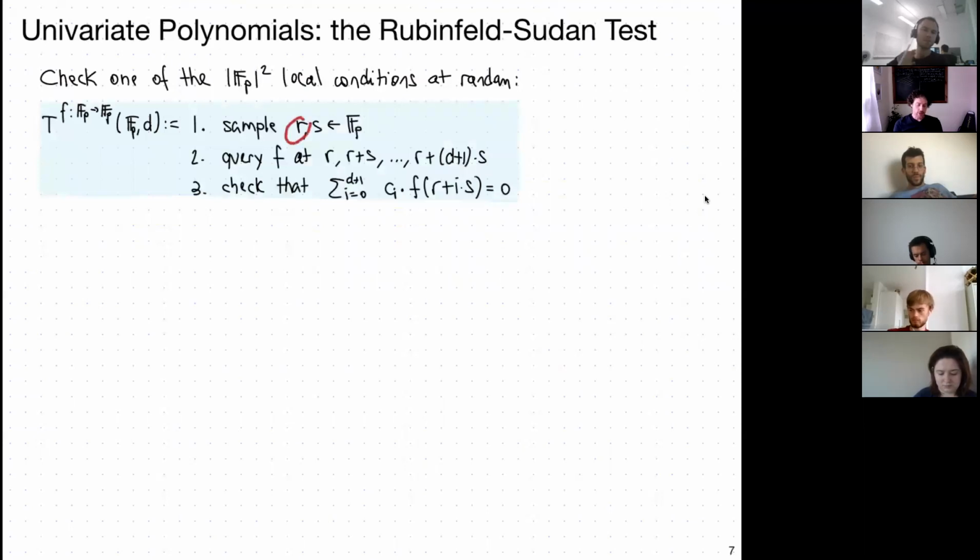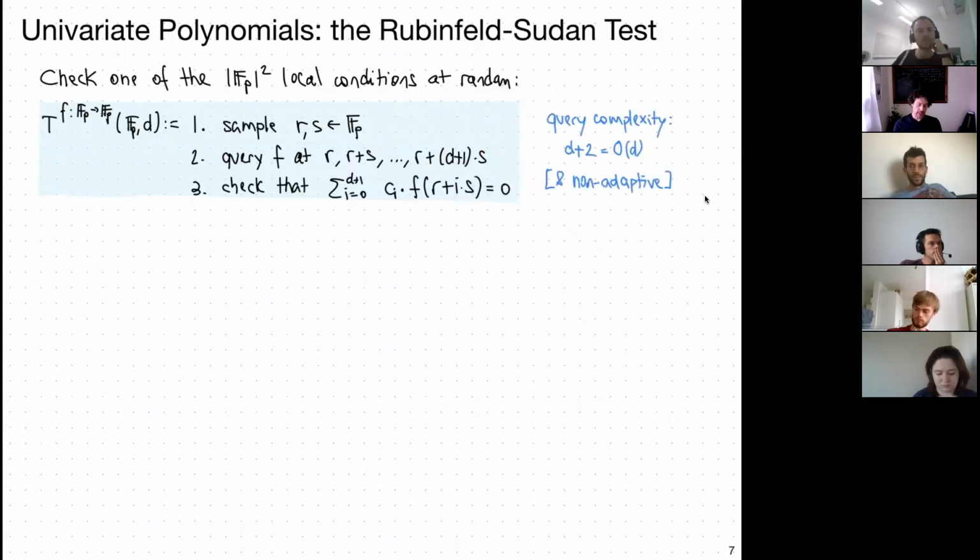We're sampling two elements, R and S, and think of R as our starting point, and think of S as the shift, like by how much we're jumping each time. So we'll query f at R plus S, R plus 2S, and so forth until R plus (D plus 1)S. And we'll check that these local constraints are being satisfied.